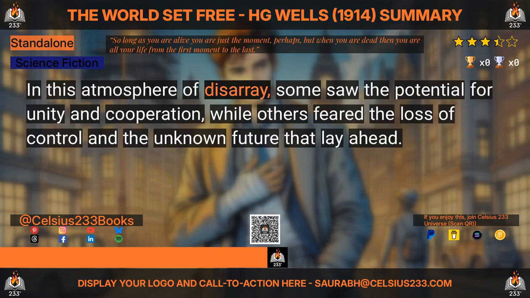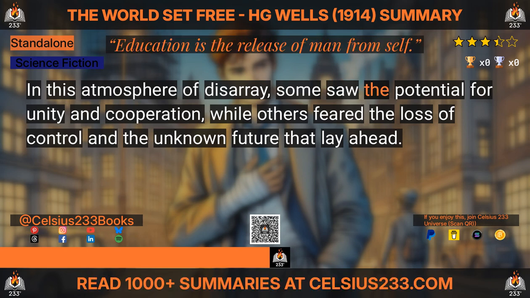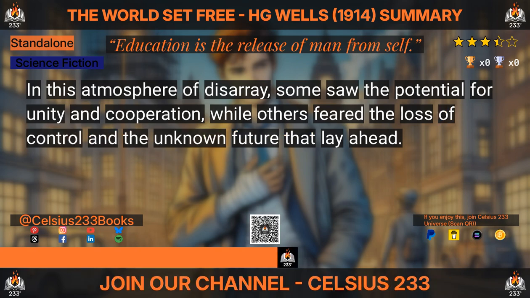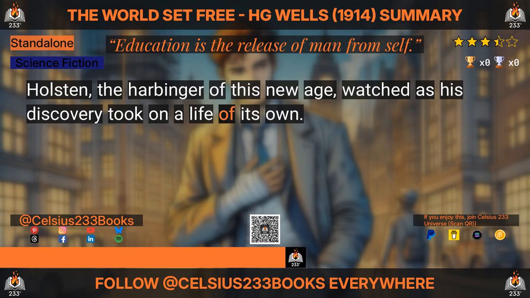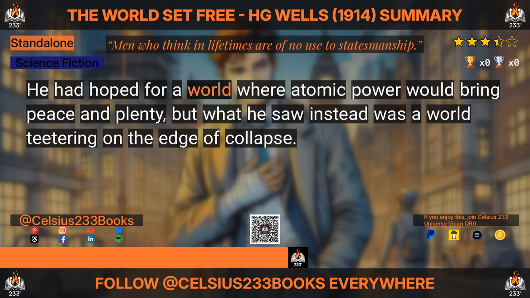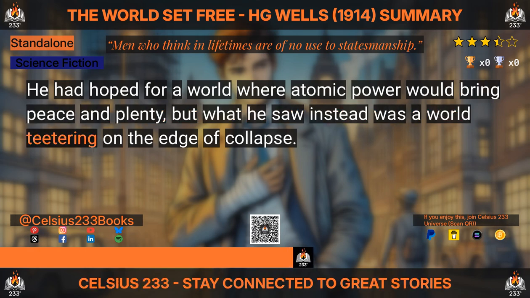In this atmosphere of disarray, some saw the potential for unity and cooperation, while others feared the loss of control and the unknown future that lay ahead. Halston, the harbinger of this new age, watched as his discovery took on a life of its own. He had hoped for a world where atomic power would bring peace and plenty, but what he saw instead was a world teetering on the edge of collapse.